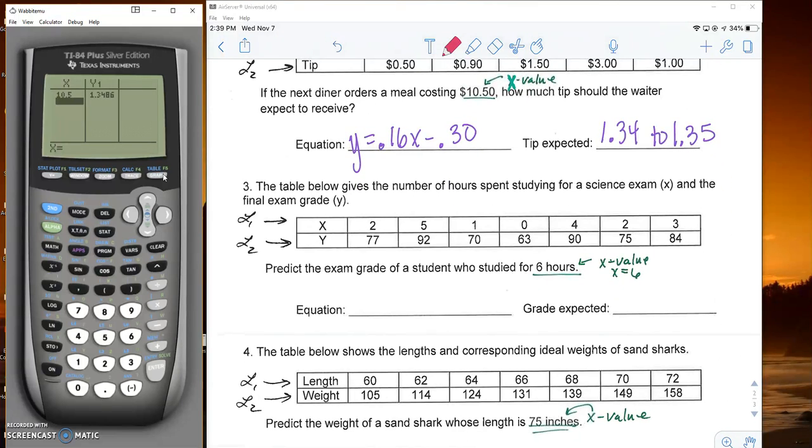We're going to follow the same steps on 3. We have number of hours spent studying for a science exam, which is X, and then final exam grade, which is Y. So I'm going to go back to stat edit, type my table in. I'm going to go stat calc 4, and my variables, scroll, enter.